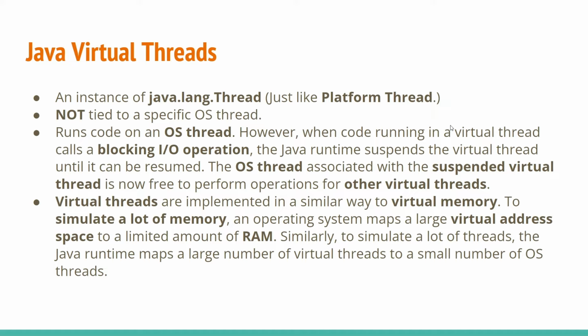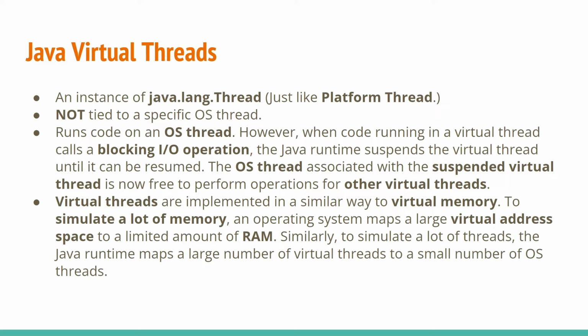As we already know, a Java virtual thread is an instance of Java Thread, just like a platform thread, but it is not tied to any specific operating system thread. It runs code on an operating system thread. However, when code running in a virtual thread gets blocked due to some IO operation, the JVM suspends the virtual thread until it can be resumed.